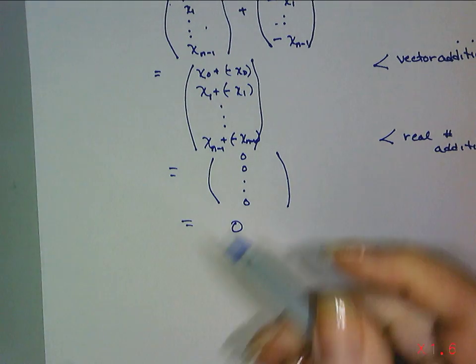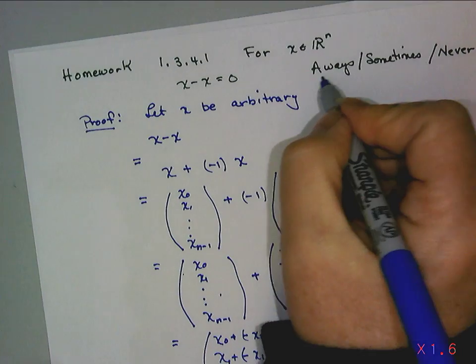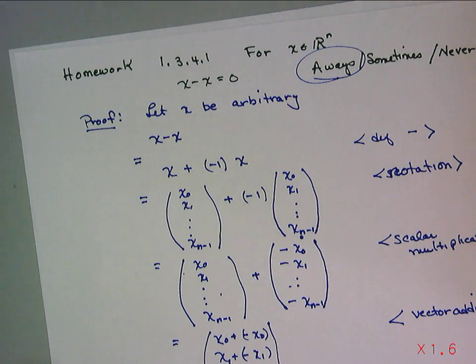So, a vector whose every component is 0 is that 0 vector. And so it is always the case that x minus x is 0. Makes sense.